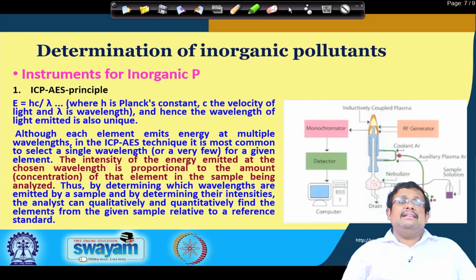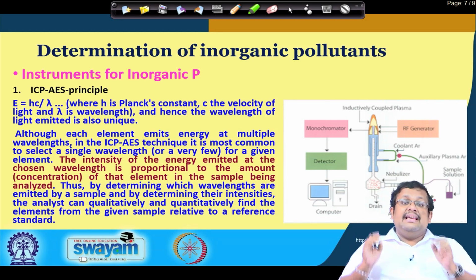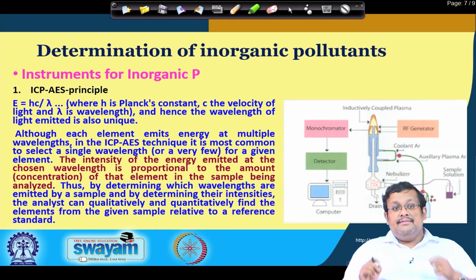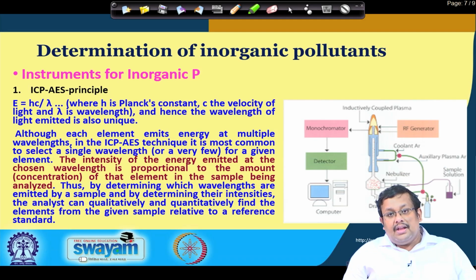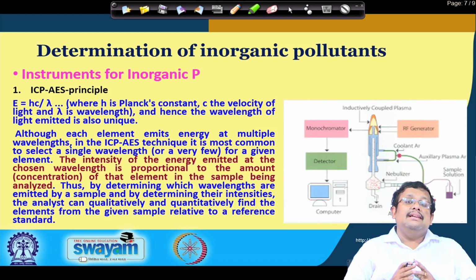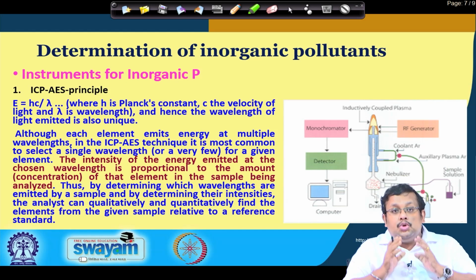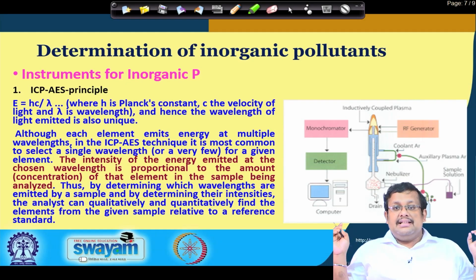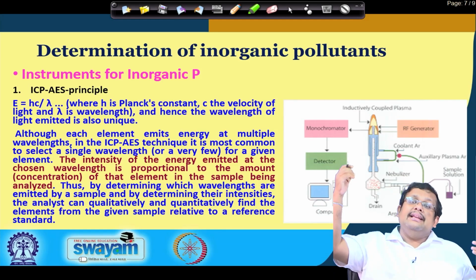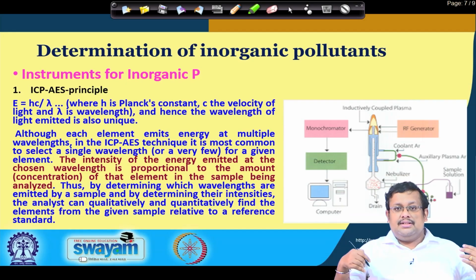In the ICP-AES technique, it is most common to select a single wavelength or a very few wavelengths for a given element. Now, the intensity of the energy emitted at the chosen wavelength. For example, we have selected a specific wavelength or a group of wavelengths. So, we measure the intensity of the energy that is emitted when the excited electrons come back to their ground state.